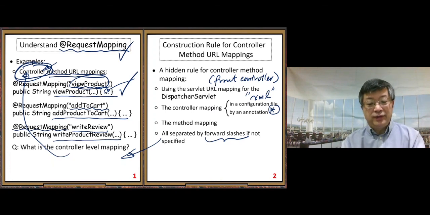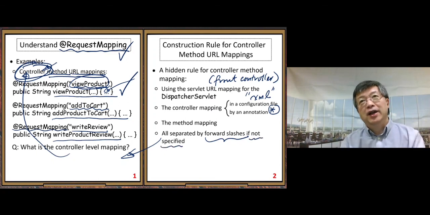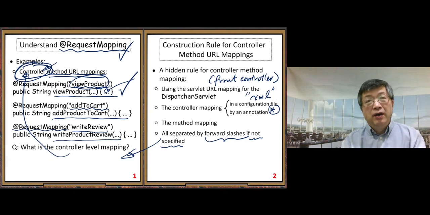It looks like you have a chance to change that, but it's not good to change it. If you change to your own way, not using forward slashes, it is very hard for other people to adjust to it.